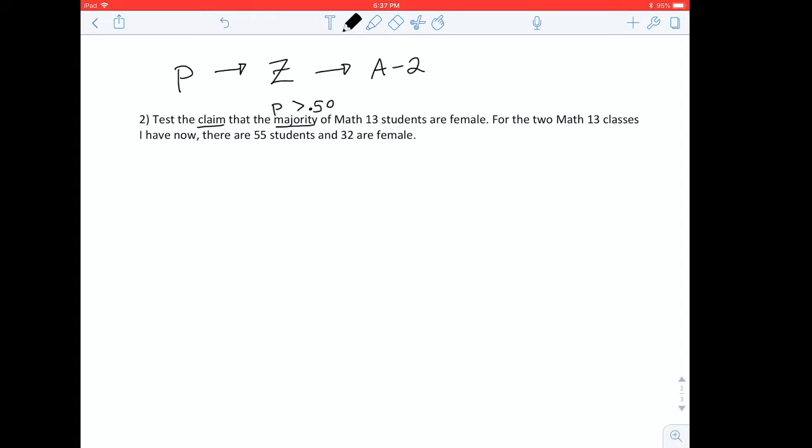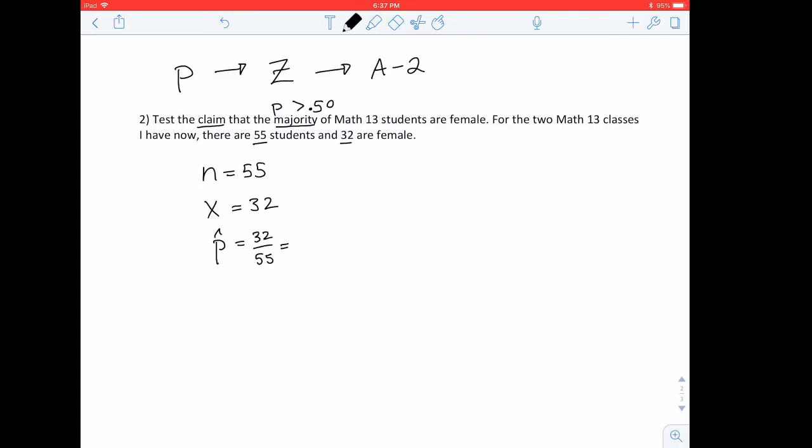So in other words, the proportion is over 0.50. And then for the sample data, N is equal to 55. And X, successes, is equal to 32 female. And then if you divide those two, that's called p hat, 32 divided by 55.